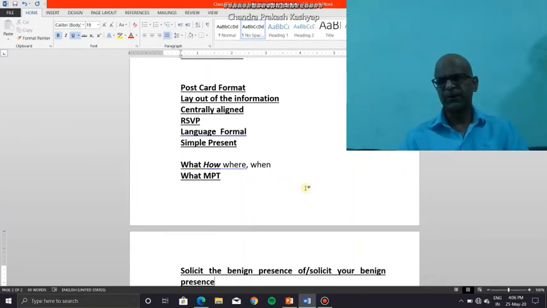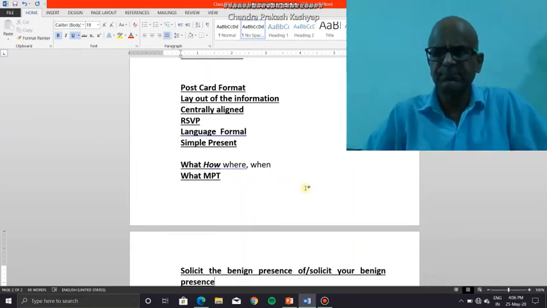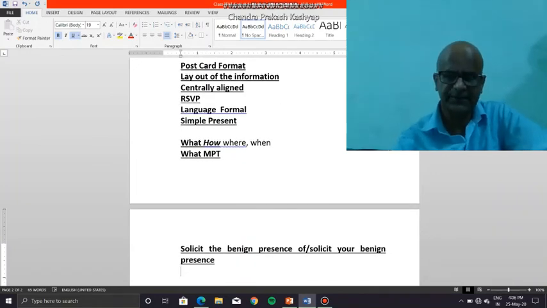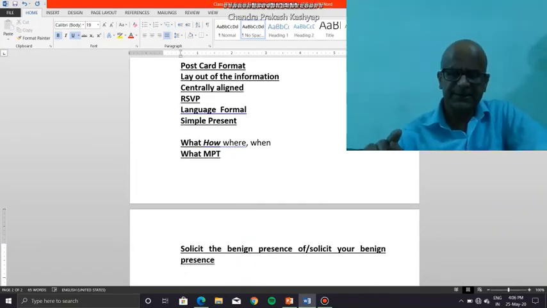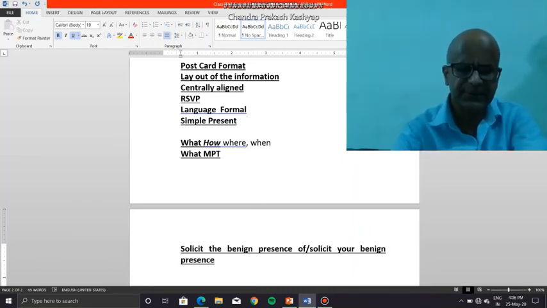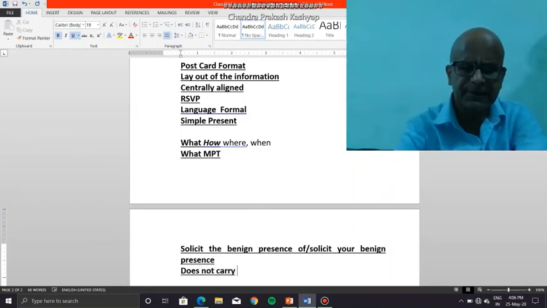In case you are going in for mass printing of these invitation cards, then of course you are left with no choice but to use a personal pronoun. However, the important characteristic of a formal invitation is that it does not carry personal pronouns.